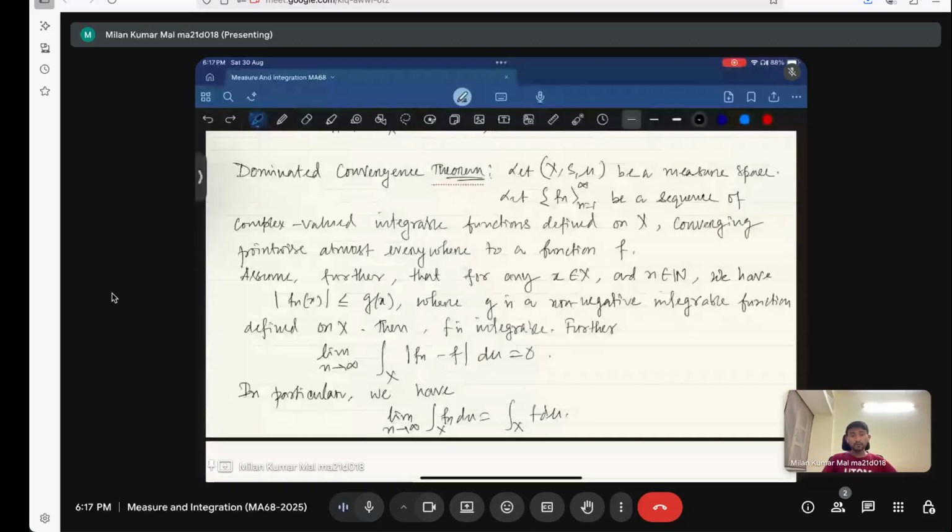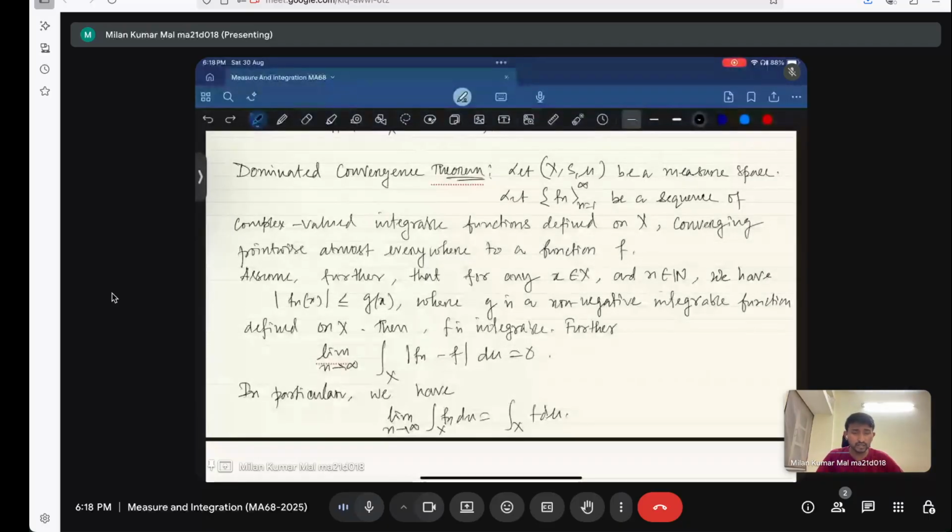Second, the integral of f_n has to converge to that of f. For that, we try to find another non-negative integrable function g on X such that mod of f_n(x) is less than or equal to g(x) for all x in X and all n in the natural numbers. That means f_n is bounded by another function.